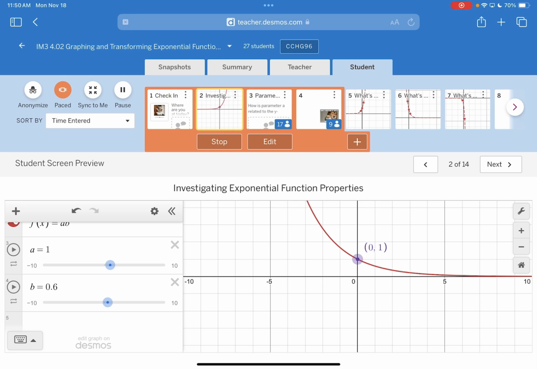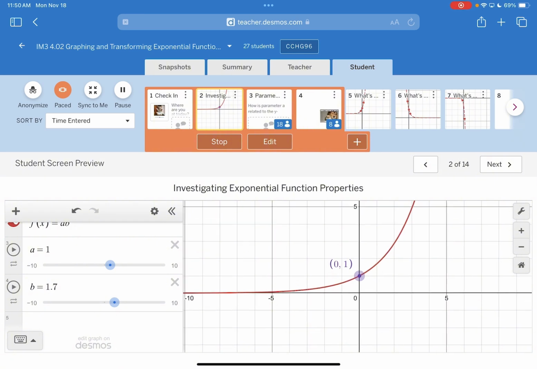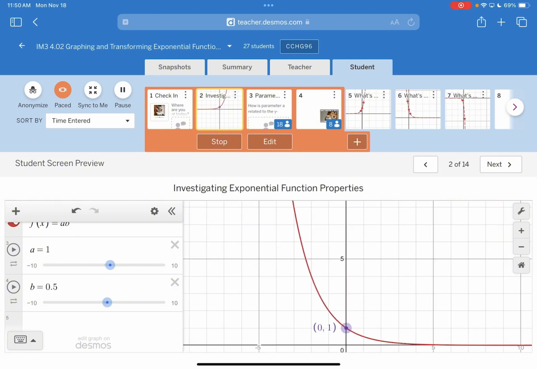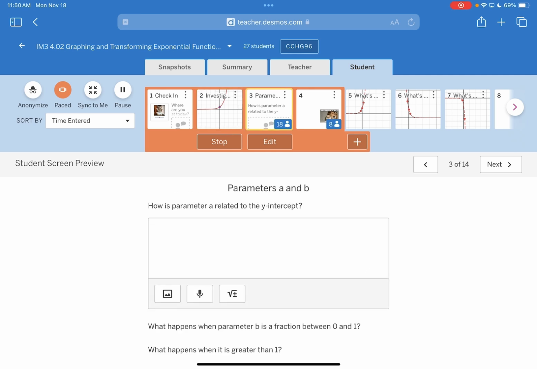Once again, if I have something like 1.7, it's increasing. Remember that we look at a graph from left to right. It goes from small, small, small, to really, really big. Left to right, goes up. But when I make it a fraction, now it starts to go down. It comes in from really, really big and goes down to really, really small. So that's what happens with a fraction.